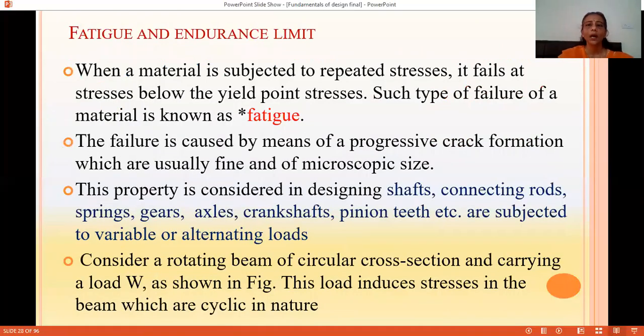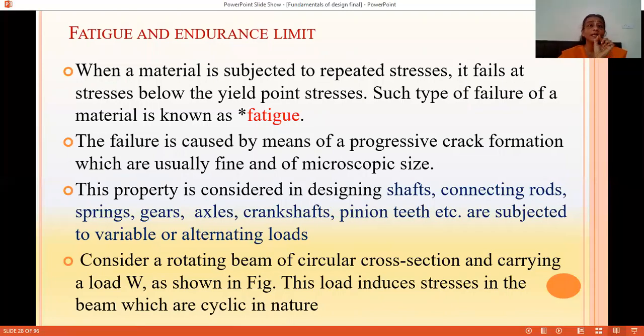Next, we will see fatigue and endurance limit. So what is fatigue? When a material is subjected to repeated stresses and fails below its yield point stress, such type of failure is known as fatigue.